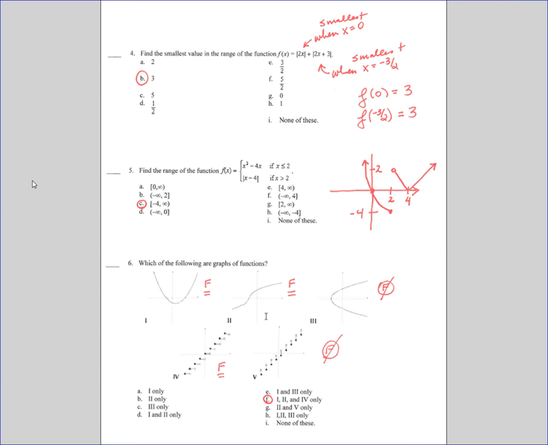Going on to question 4. Question 4 is asking about the smallest value in the range, and there are 2 terms. And so we need to think about what's going to happen when we put the smallest value in for each of the terms. So it seems to me that you can never get anything less than 0 when the absolute value is involved.